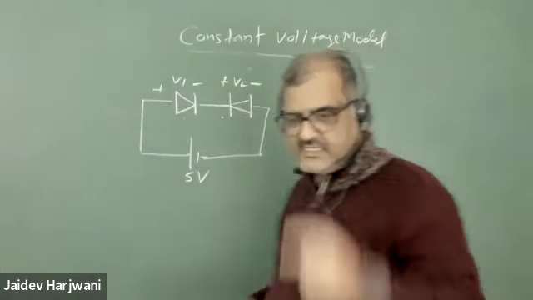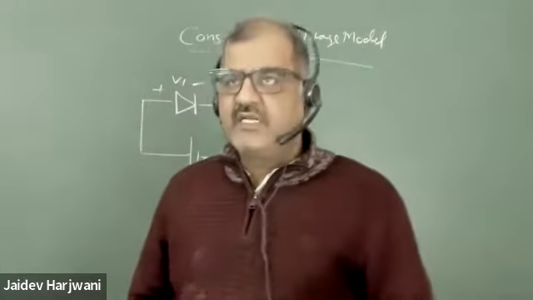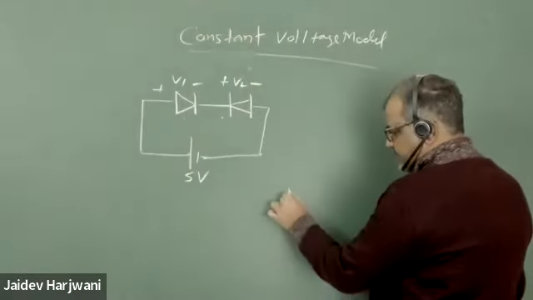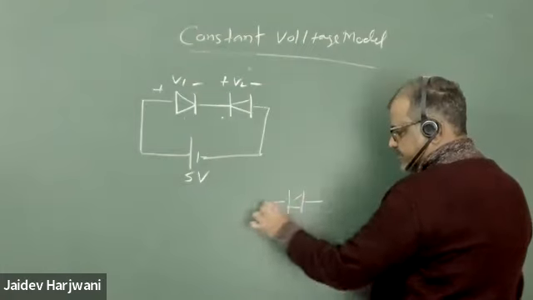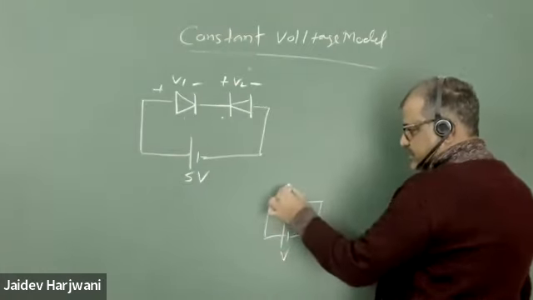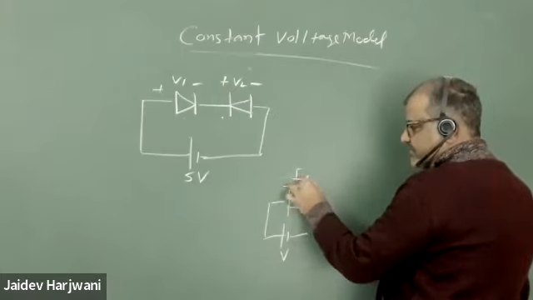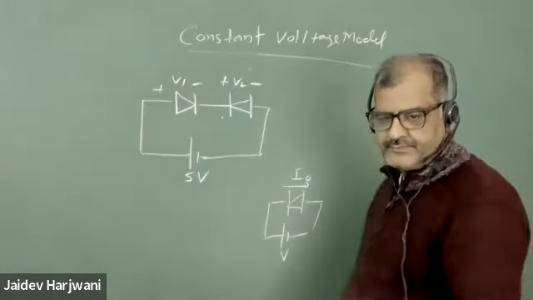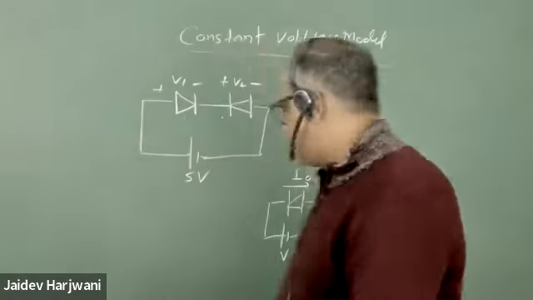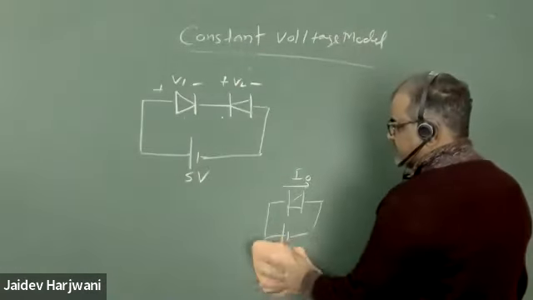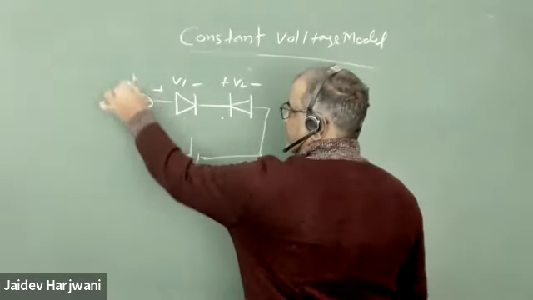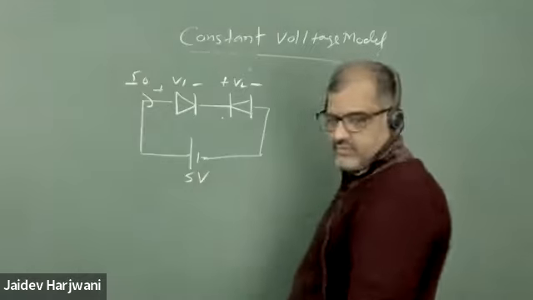But at least in reverse bias, the reverse saturation current can flow, isn't it? Yes, sir. So at least in the circuit, your I naught will flow.